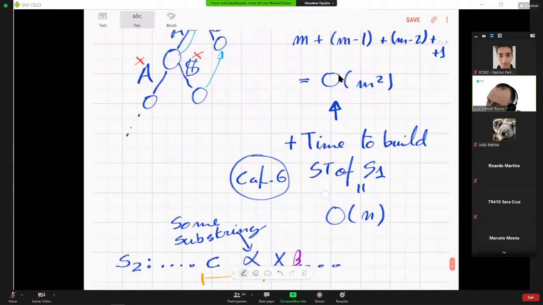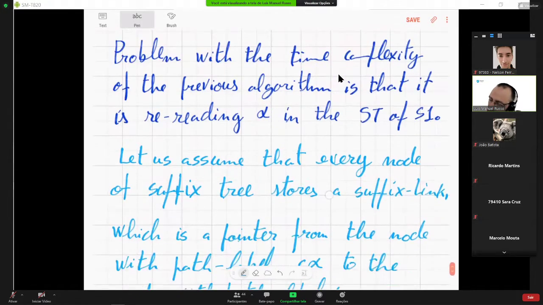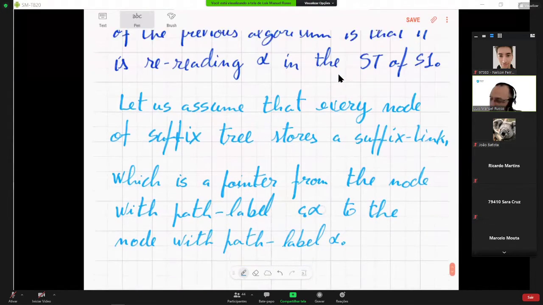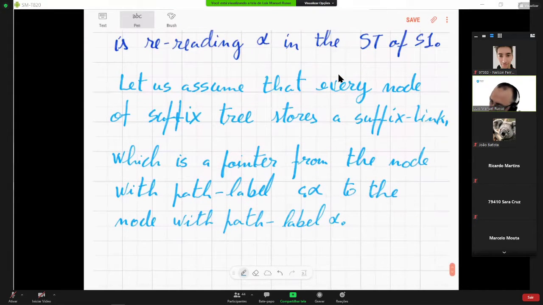So here I said every internal node has a suffix link, which means every node except the root.